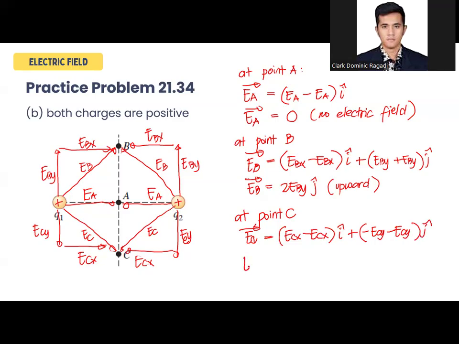So vector EC is equivalent to negative 2ECY J hat. Since we arrived with a negative J hat, the direction is downward.